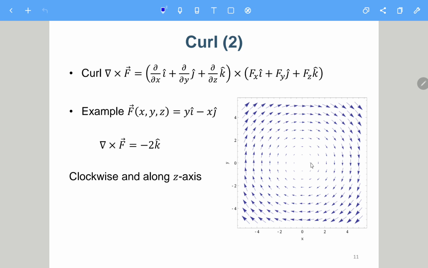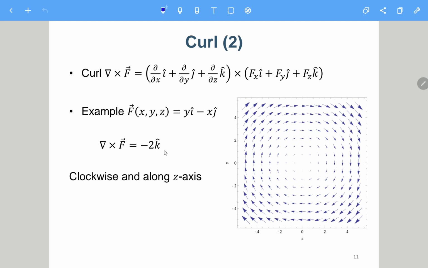We have 2 typhoons, and actually at the time, you can see something is rotating, something like that. Okay, so even if you only watch this figure, you will feel this field is rotating clockwise. And if you try to plug this expression into here and try to calculate, you will find that the curl of this field is -2k.